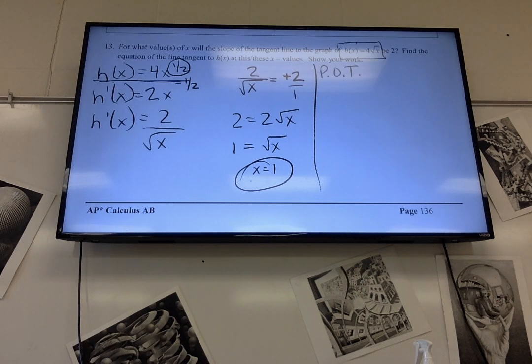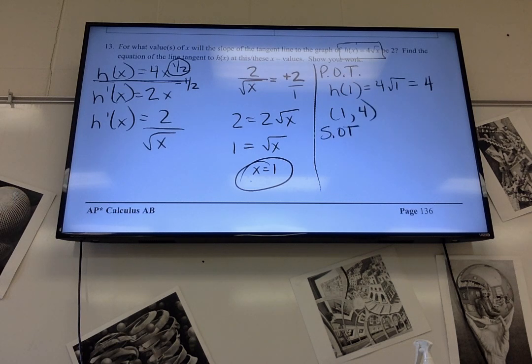Sorry, Brooklyn. It's okay. We all have questions. So h of 1. There we go. So that's 4 times the square root of 1, which is 4. I think it's just totally messed me up because my problem is different from y'all's. So the point then is (1, 4).